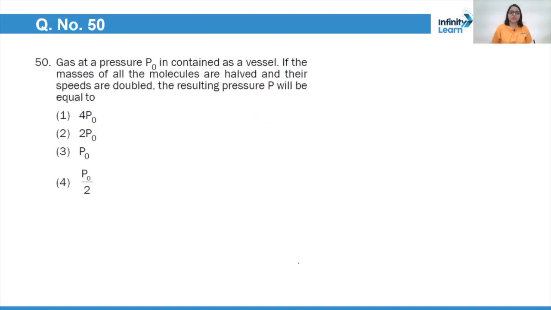Next is question number 50. Gas at pressure P naught is contained in a vessel. If the masses of all the molecules are halved and their speeds are doubled, the resulting pressure will be equal to. So initially, the pressure P naught is 1 by 3 mn upon V into V RMS square. Okay.